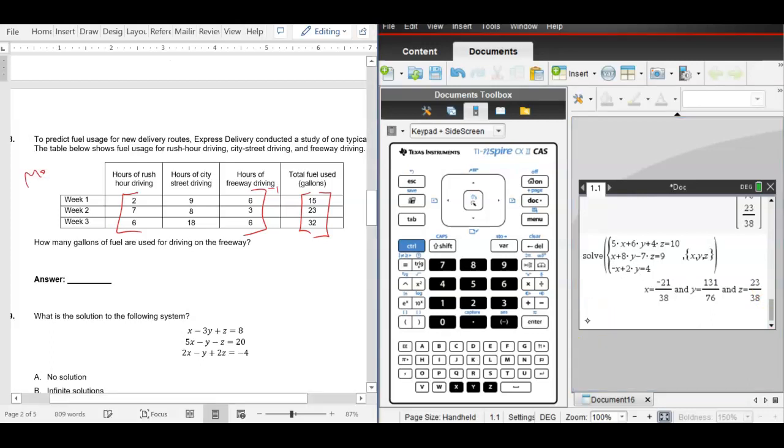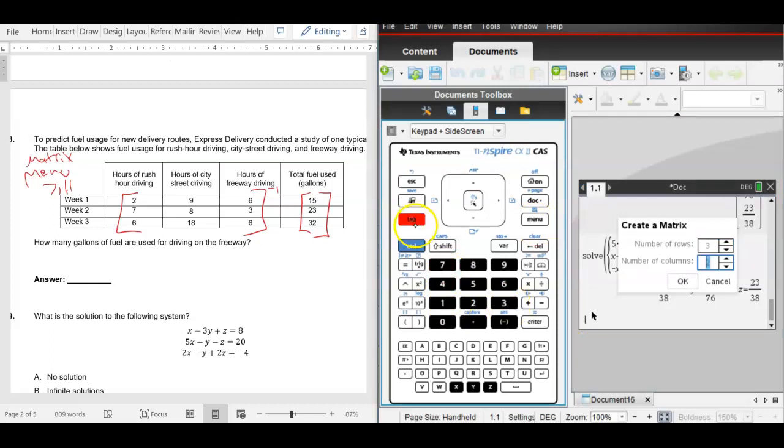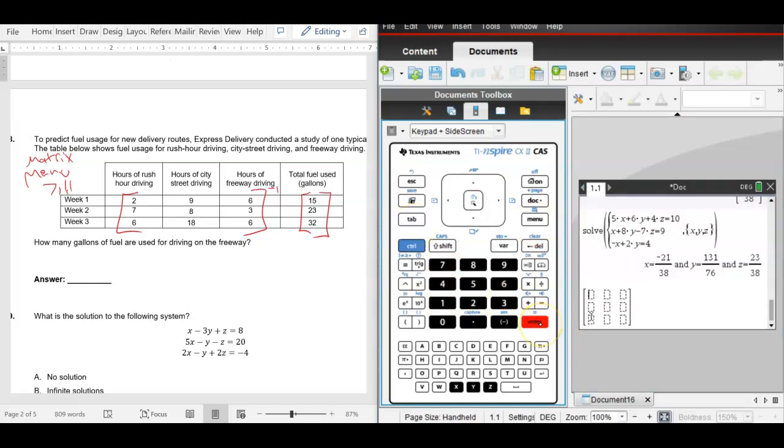Okay, menu, matrix, menu 711. Okay, so menu 711, 3, tab 3. So let's type these in.